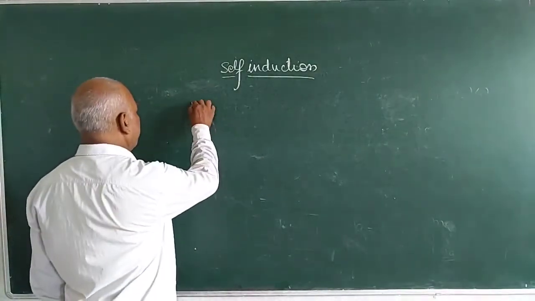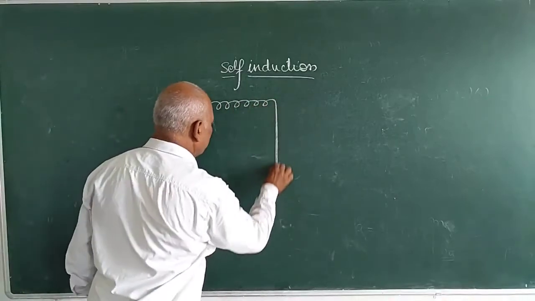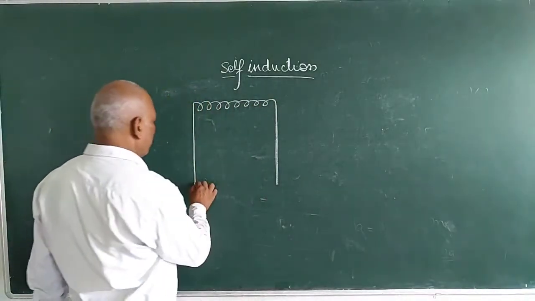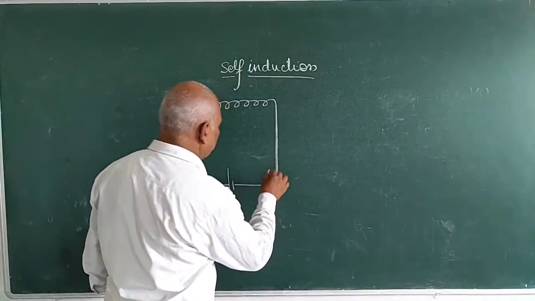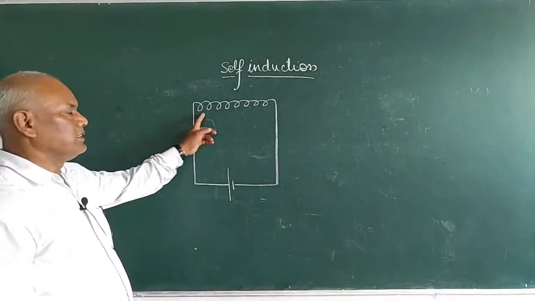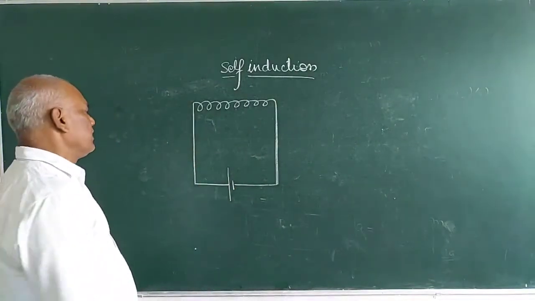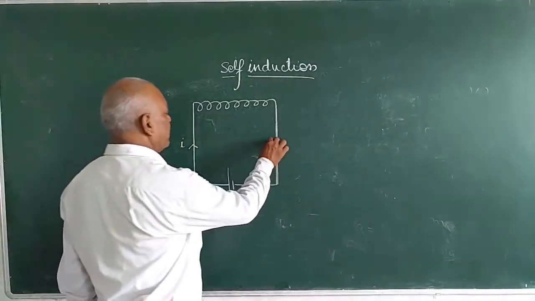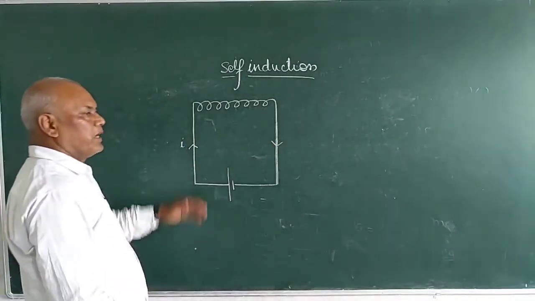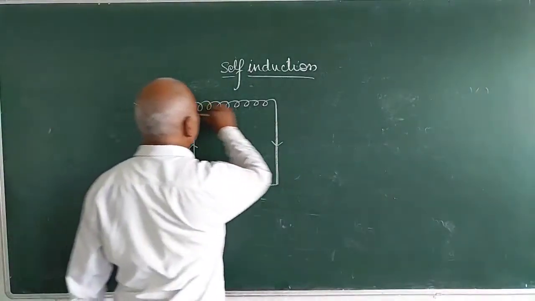Now, what is self-induction? Let us suppose this is a coil and this coil is attached to a cell. If current I flows in the coil, then a magnetic field arises around this coil.